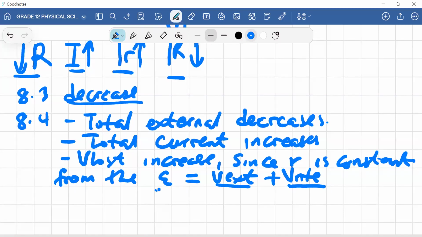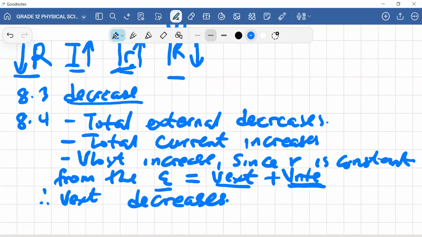So this is constant, this is constant, the r is constant. So if the r is constant and the current increases, it increases whatever is here. So we can therefore state that V external decreases. So that's all about this question.